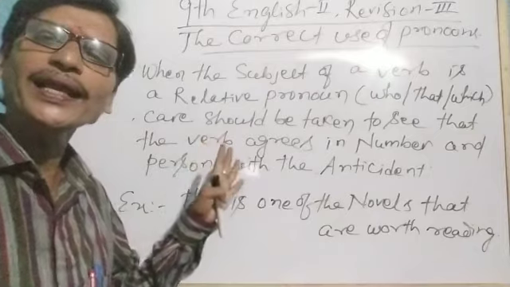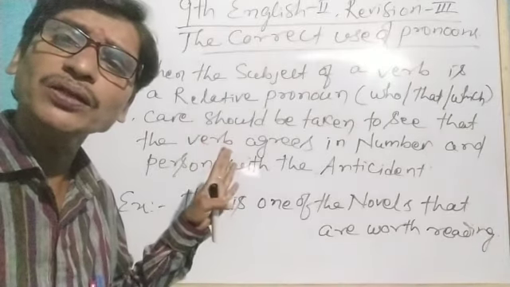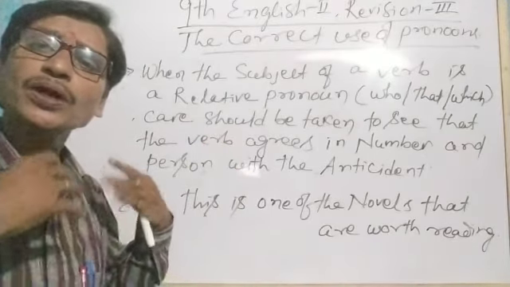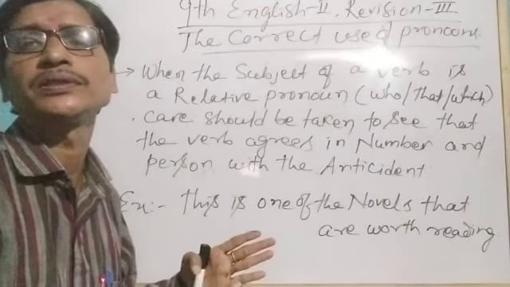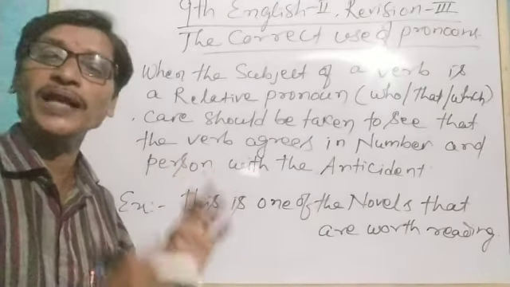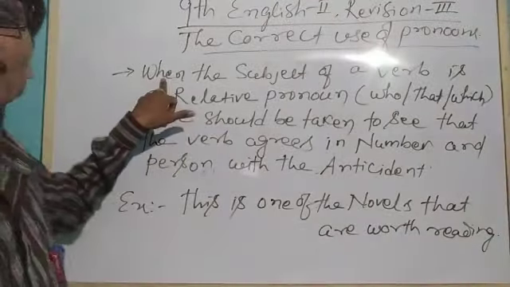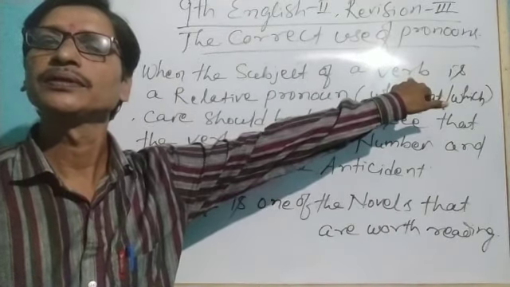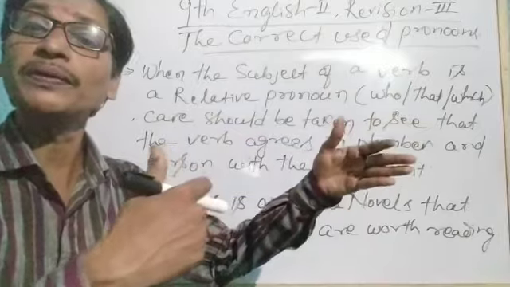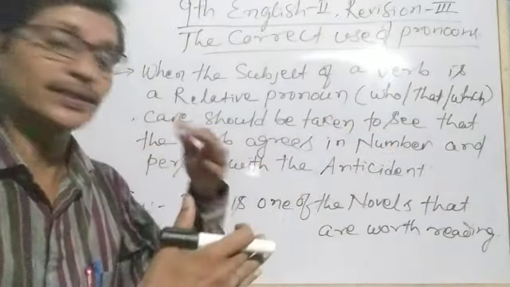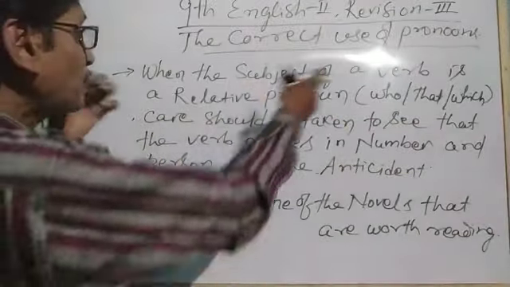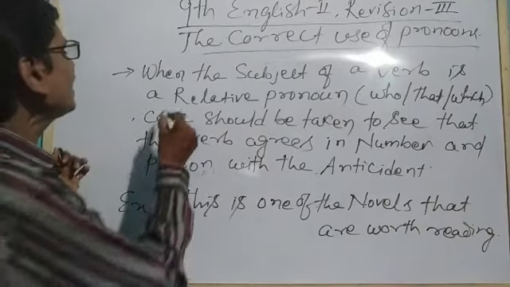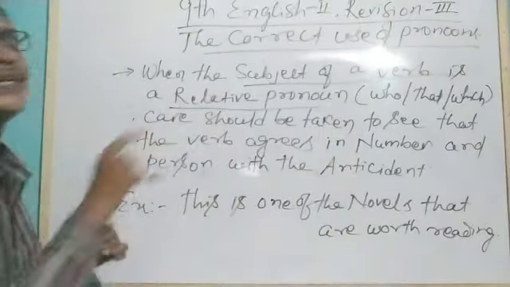Here you see another important instruction for us to correctly use pronouns. What is that? We should carefully understand. When the subject of a verb, that means before the verb there is a subject, when the subject of a verb is a relative pronoun.